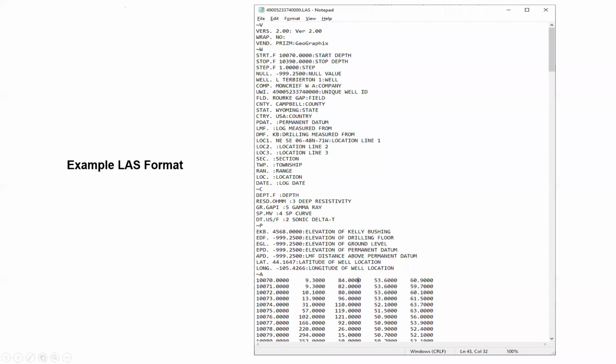Similarly, if you want to convert your ASCII format into the LAS file, then you need to put the version, well header, petrophysical parameters, curves, etc. blocks above these columns, and then this ASCII format can be converted into the LAS file. Just do the copy and paste from one notepad file to another notepad file.